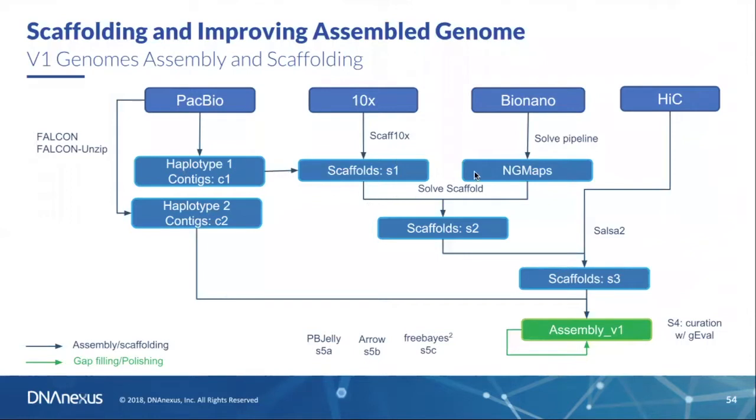And then you do a similar thing using data from BioNano and Hi-C as well. And after that, you can try to evaluate the correctness of your assembled genome. Try to close the gaps using PBJelly, polish using PacBio data using Arrow, and finally use FreeBayes or Pilon to polish your assembled genome using Illumina data.